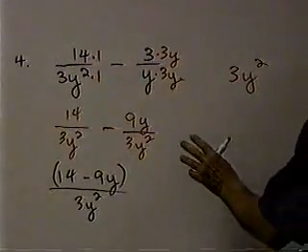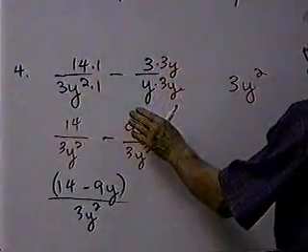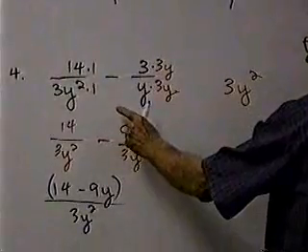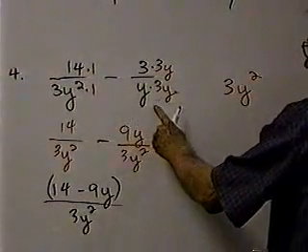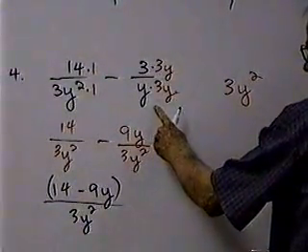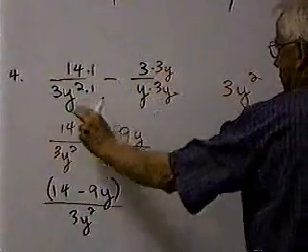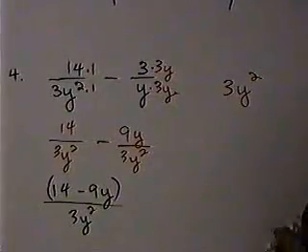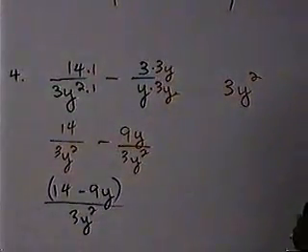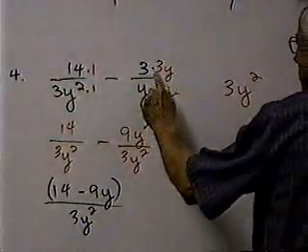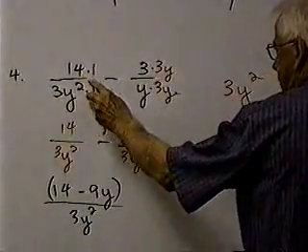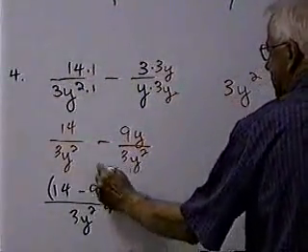Okay, so let me review it one more time. Example 4 is saying when we don't have the same denominator, then make it that way. Okay, so multiply the top and bottom by whatever it takes to make the same denominator. And it doesn't have to be the lowest common denominator, just as long as you multiply the top and bottom so the denominators are the same.